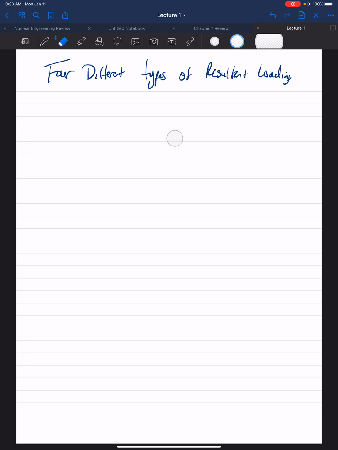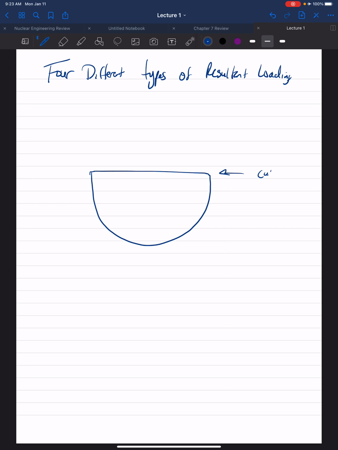Let's draw the shape again. So once again, I'm redrawing the shape of the section area. This is where the cut was made. We'll cut out point O. So at this point O, we can see surface area, cross section.